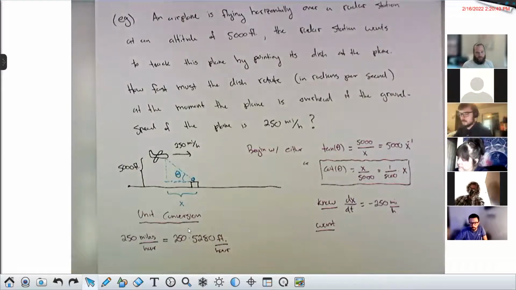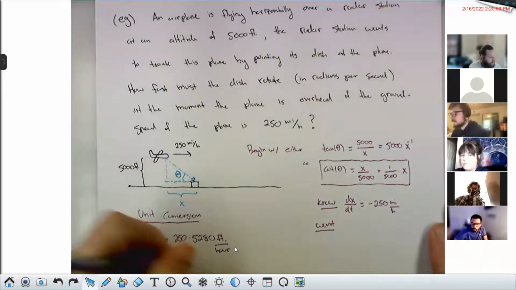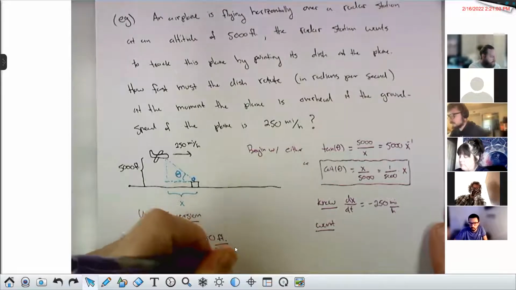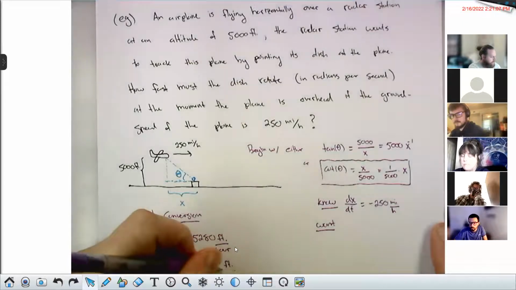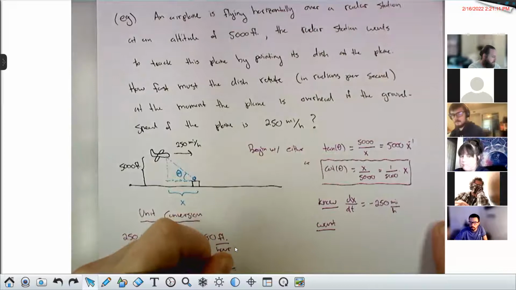Instead of crunching that as is, though, let's also get the hours into seconds. Right? I know that 1 hour has 60 minutes, and that each minute has 60 seconds. So I can say that this is 250 times 5,280 feet divided by 60 minutes.